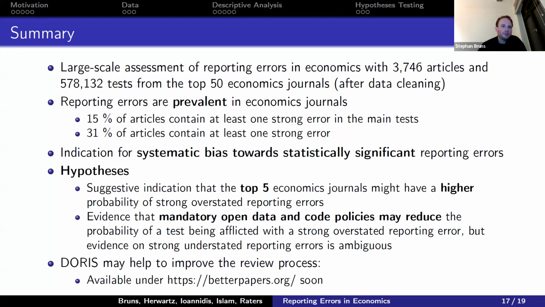So overstated strong reporting errors are more prevalent than understated strong reporting errors. And with regard to our hypothesis, I didn't say this actually, so I can say it now. We find in the pre-registered analysis no indication that top 5 journals are related to strong reporting errors.